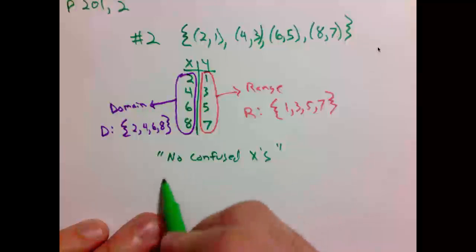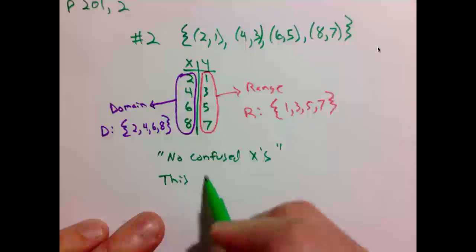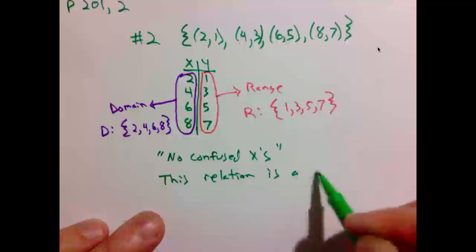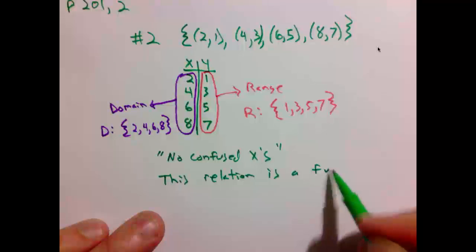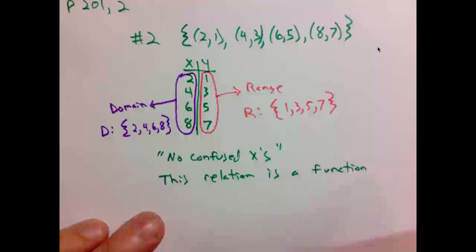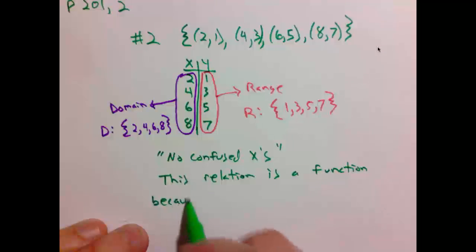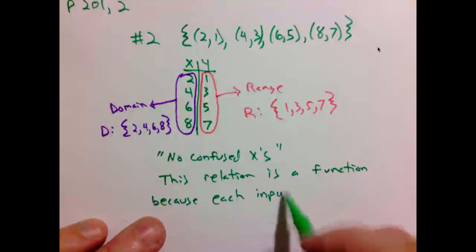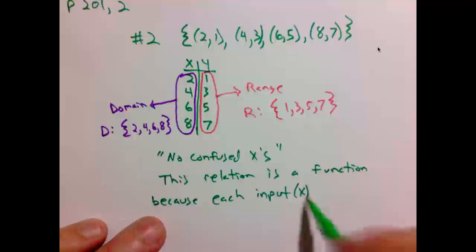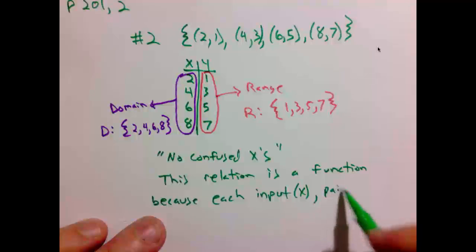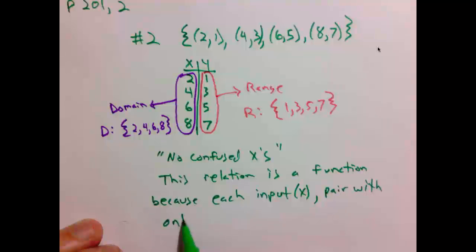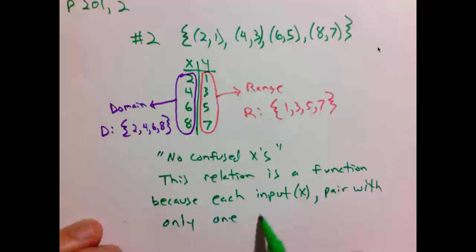Okay, so this relation is a function because each input, the x's, pair with only one output.